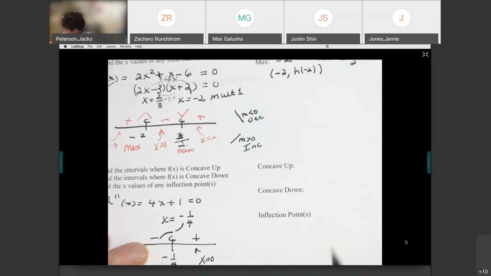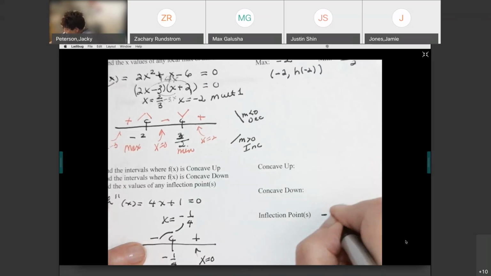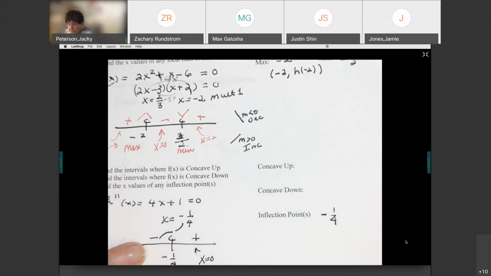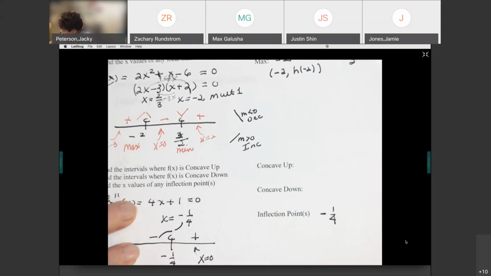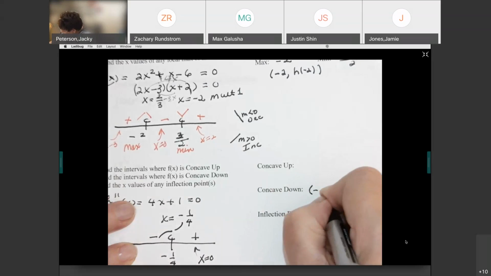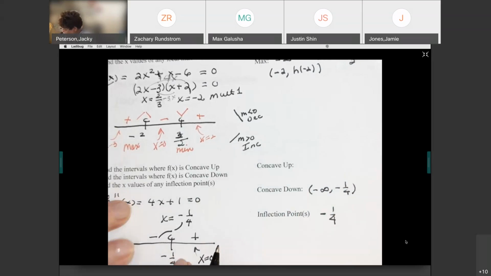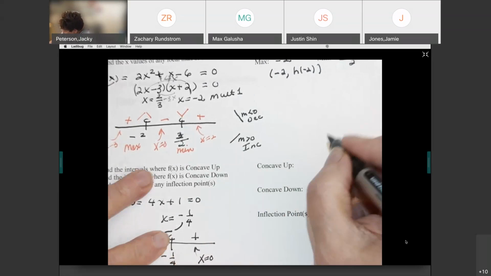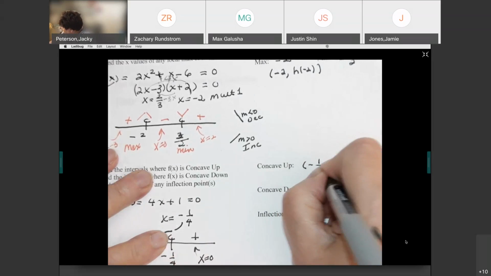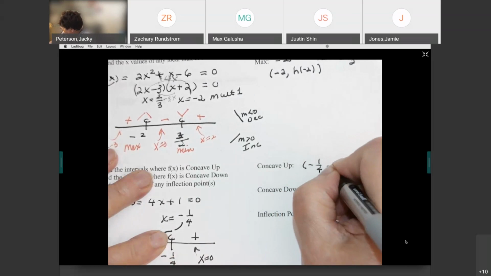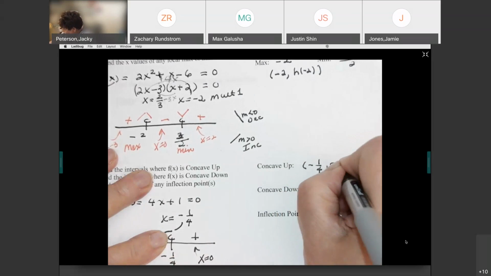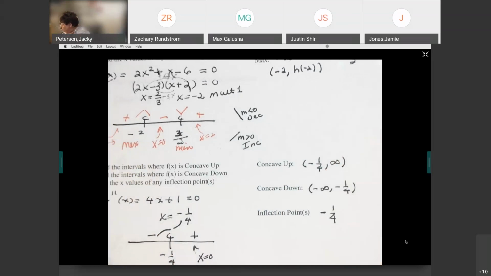That's an inflection point. Is that at -1/4? It's concave down from -infinity to -1/4, and then concave up from -1/4 to infinity. At least that's right. The only difference is it should be -1/4.